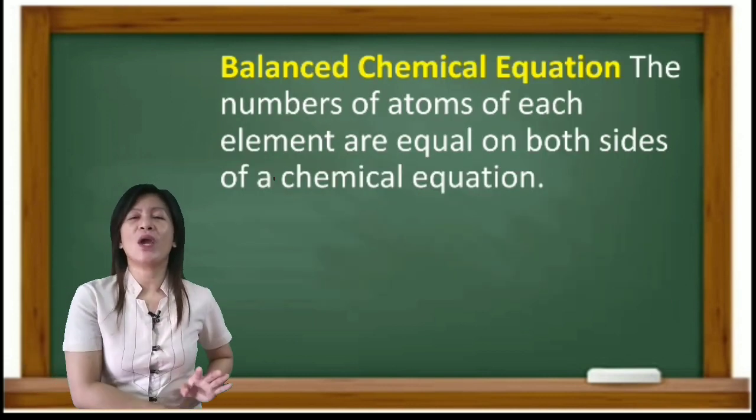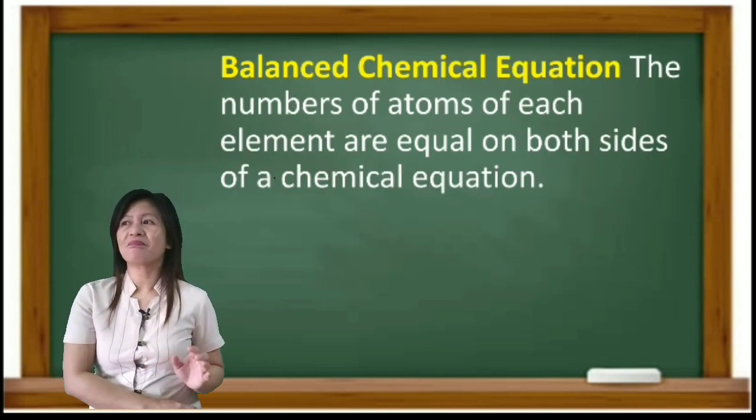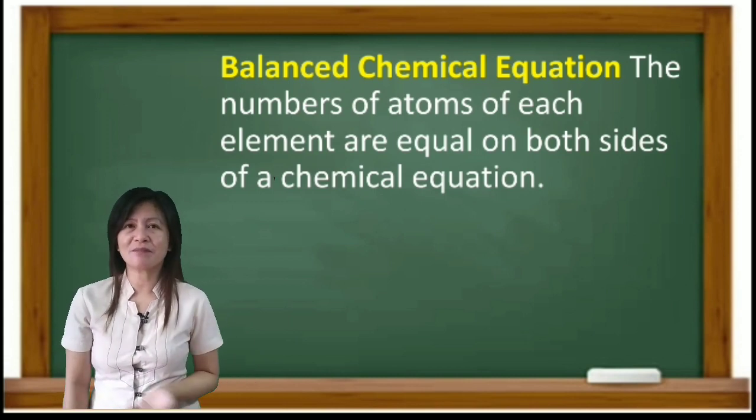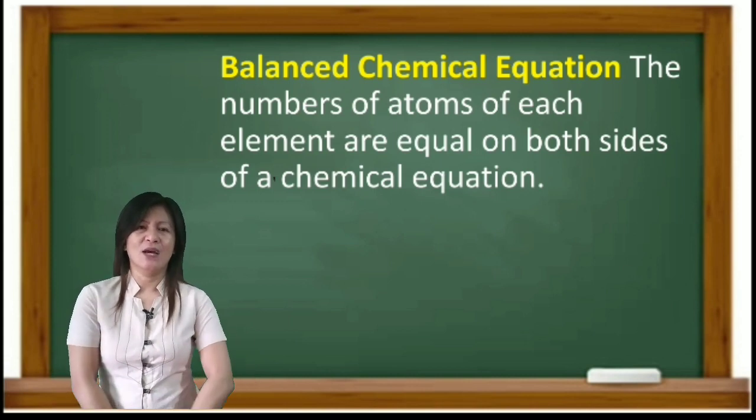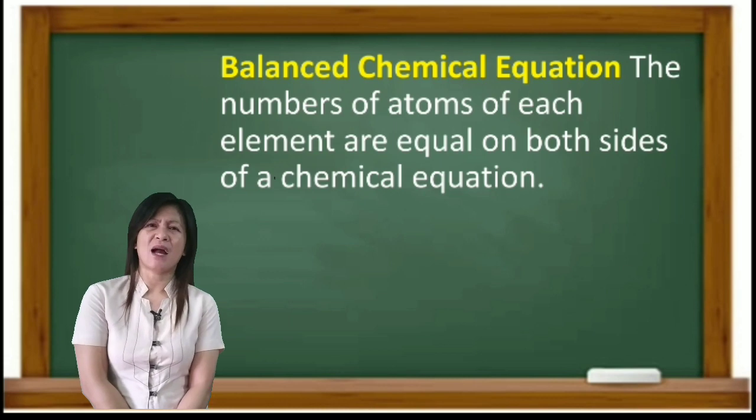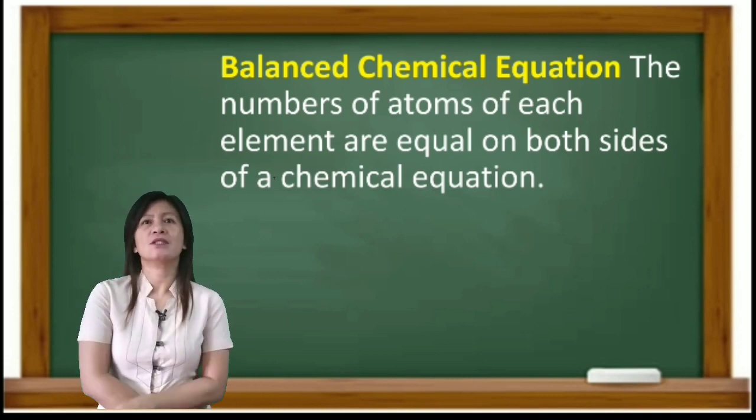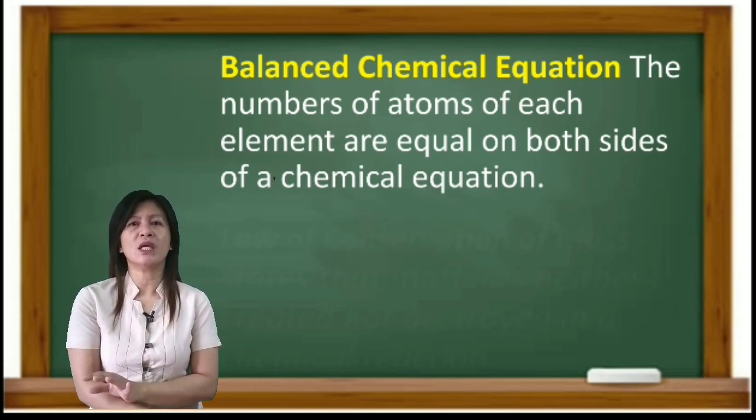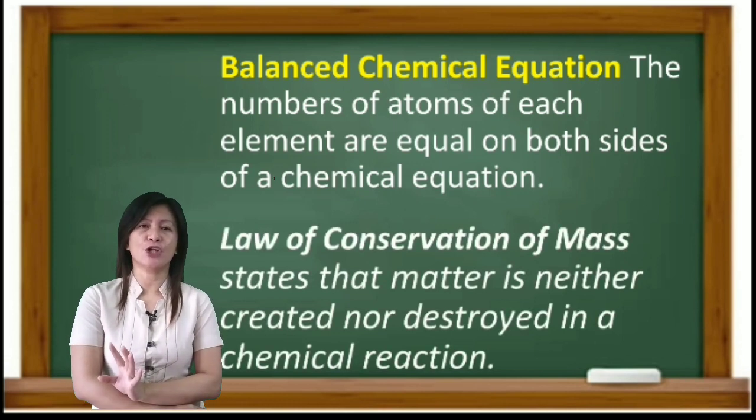Talking about chemical equations, we always associate balancing. Why do we always need to balance chemical equations? That is to conform with what we call the law of conservation of mass.